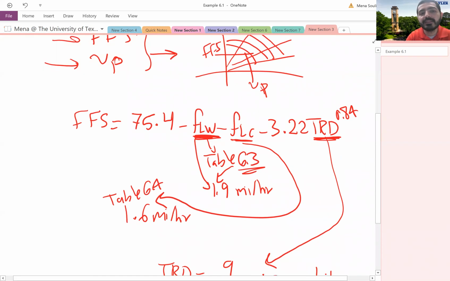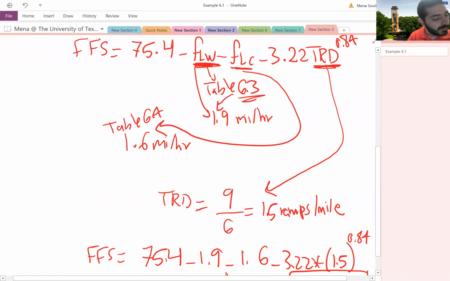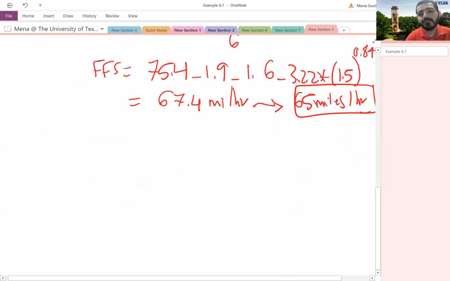Next, we need now to get the VP. Remember, the very first step is to check the base condition, and then the second step we need to get the free flow speed, and then the third step we need to get the VP. So then we need to determine the flow rate according again to equation 6.3 in your textbook.